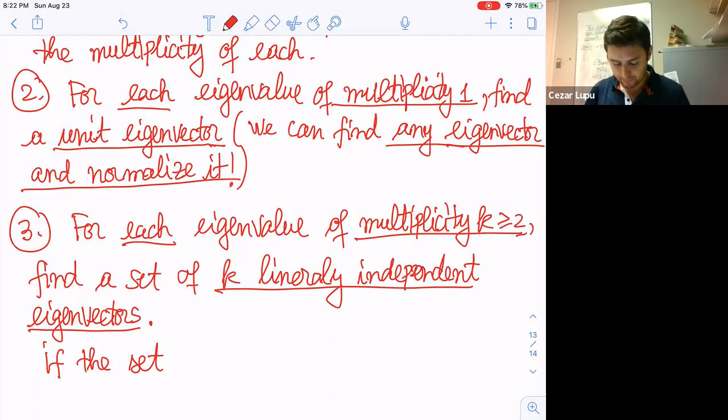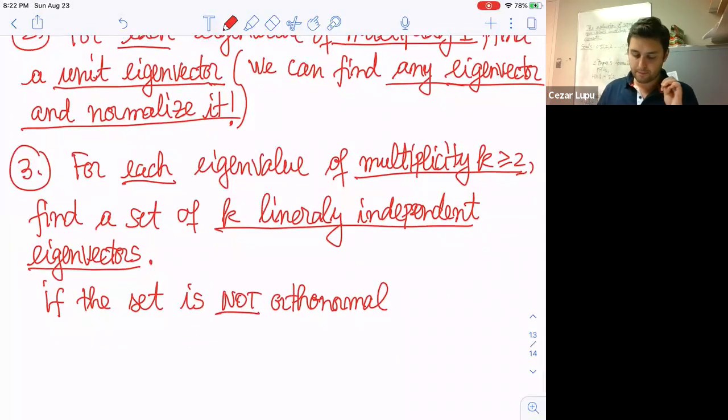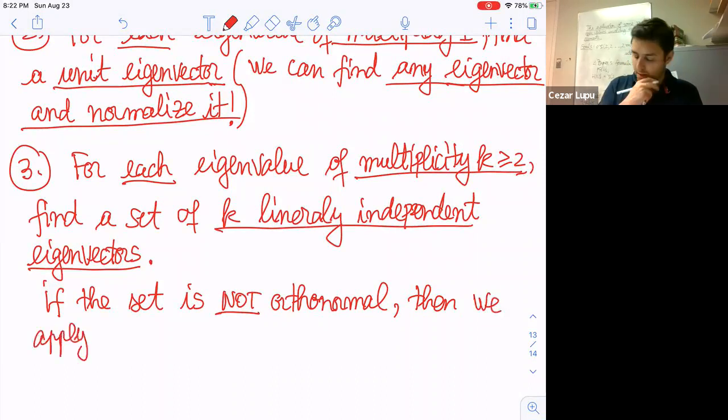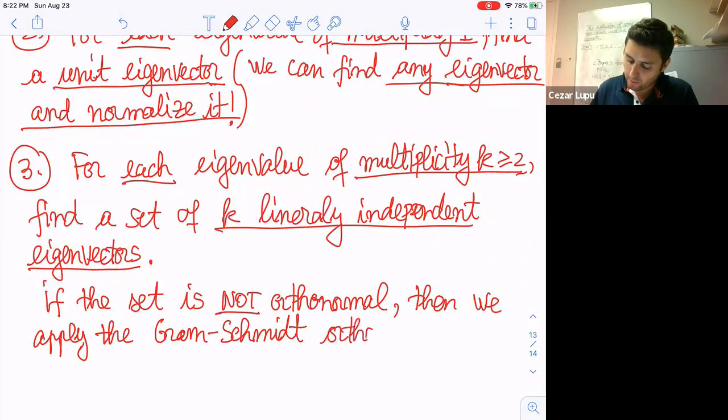But if the set is not orthonormal, then we apply the Gram-Schmidt orthonormalization procedure.